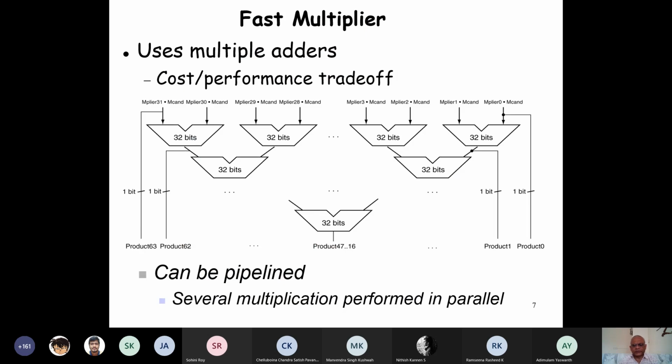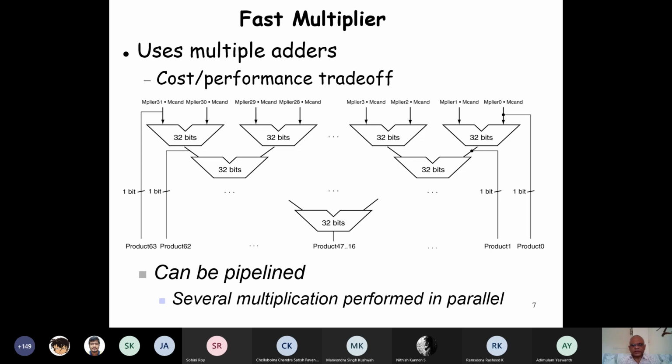Now let me just ask one question here. Actually 2 questions. How many 32-bit adders do we need for a 32-bit multiplication? Let me ask randomly. Jagriti Agarwal, are you there? Yes, sir. So can you answer this question?